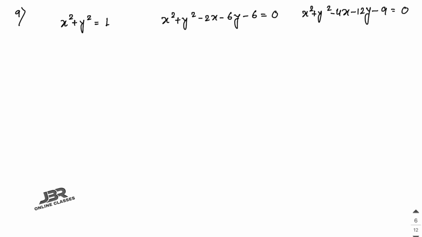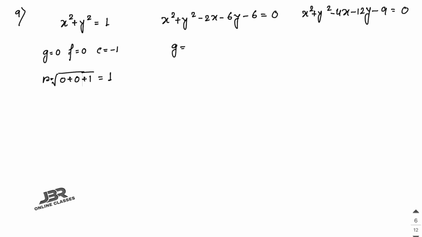That means first you have to find out the radius of each and every circle. So here g equal to 0, f equal to 0 and c equal to minus 1. So radius equal to root over g square plus f square minus c, that means 0 plus 0 plus 1, so 1. So radius equal to 1 for the first one.